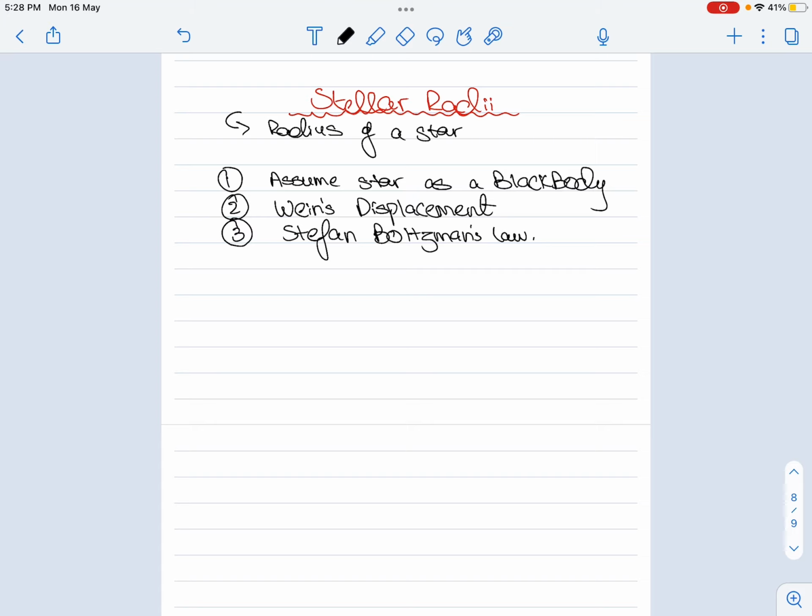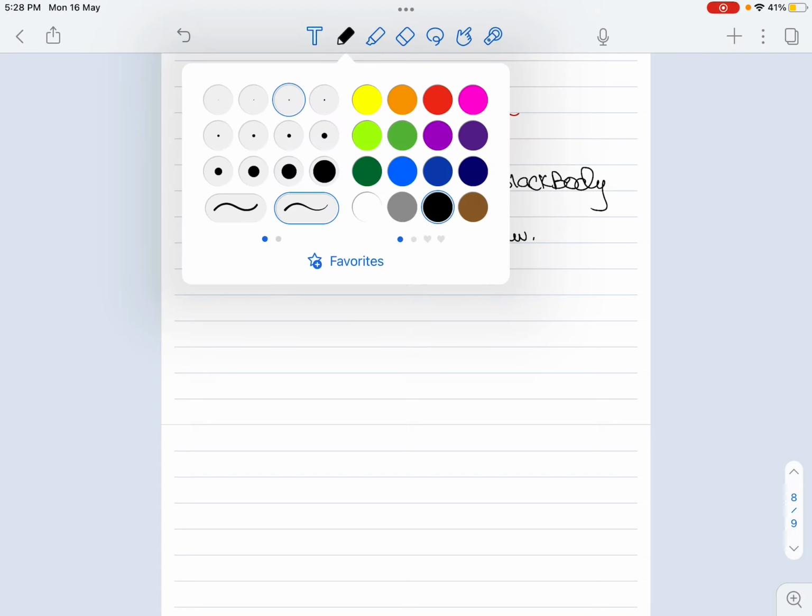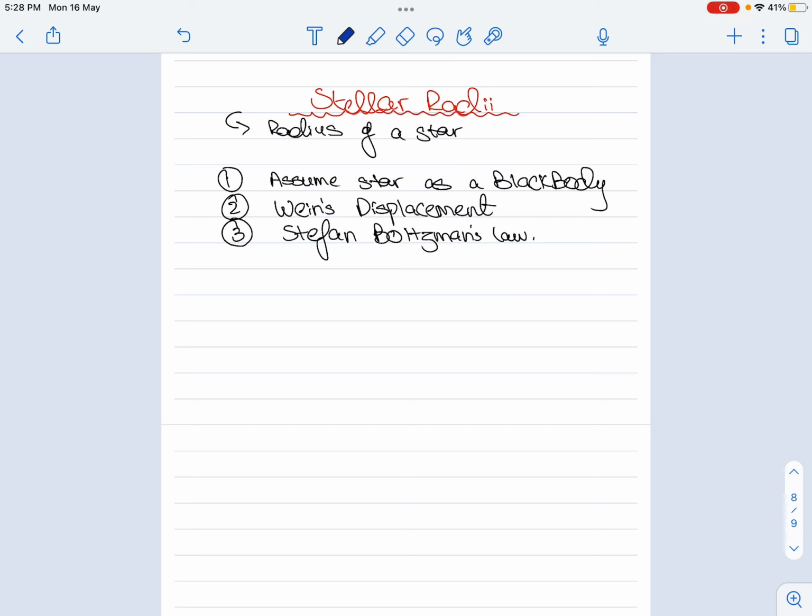So now let's talk about what is meant by the term black body. Number one, black body. Now the black body is a theoretical object that absorbs all radiation falling on it. Hence it would act as a perfect emitter at specific temperatures, right?